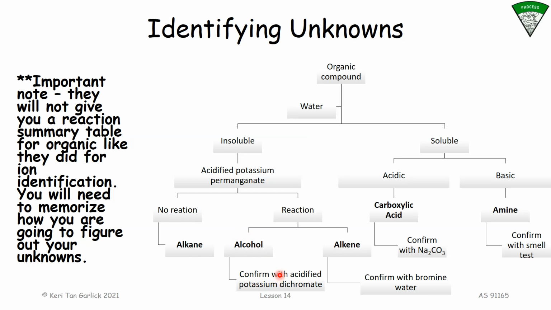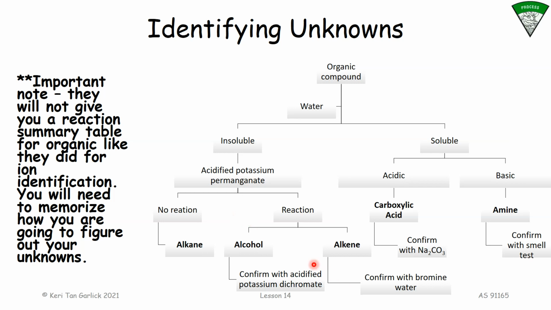Alcohols can be soluble in water, it just depends on the length. So do keep that in mind. This is not a perfect flowchart because you are factoring both functional group and carbon length. And you can use this as a means to test to see what's going on and doing some confirmations.